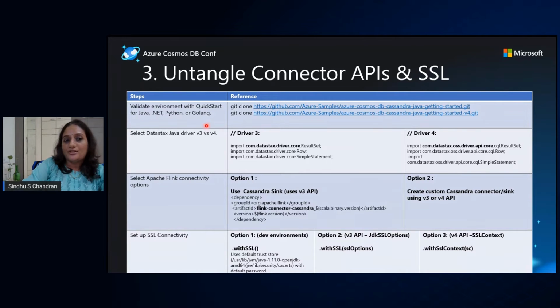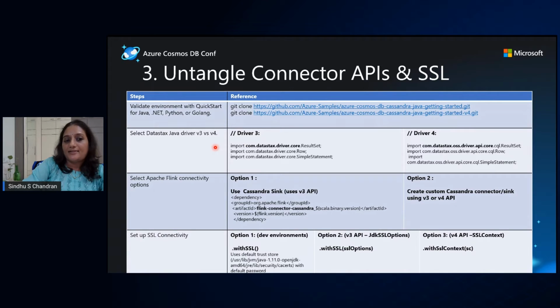So you could use the Java, .NET, Python, or Golang packages. And in my story, K2 or Kirana Cube decides to go with Java v3. So this is the one that you download, and you can try to connect using this sample application to confirm everything is good on your Azure environment. So that is the first step.